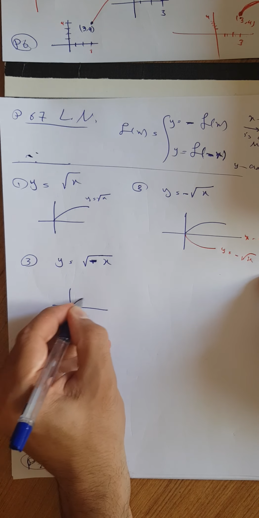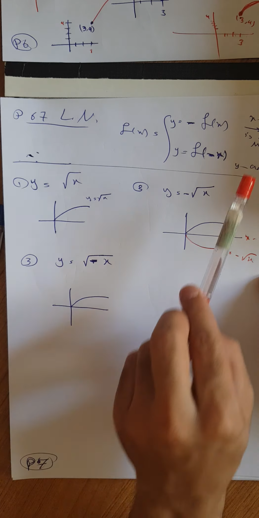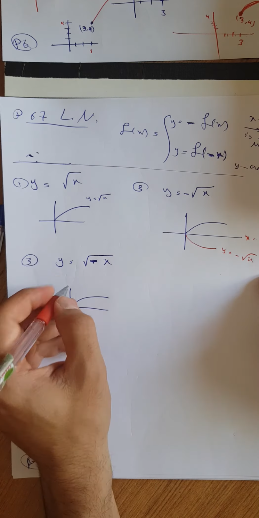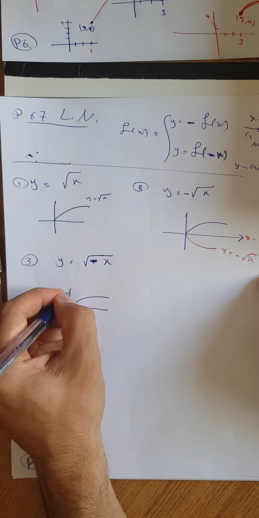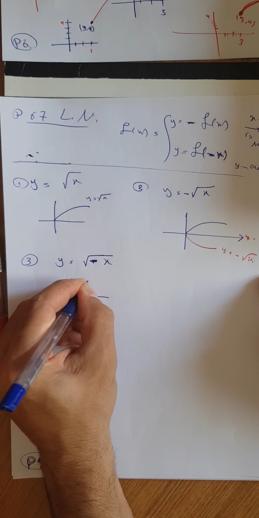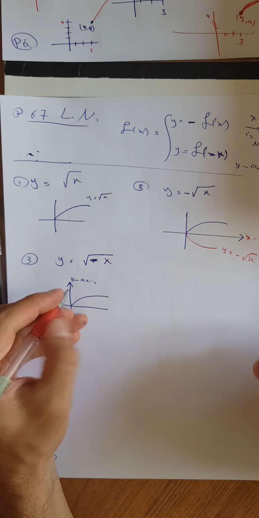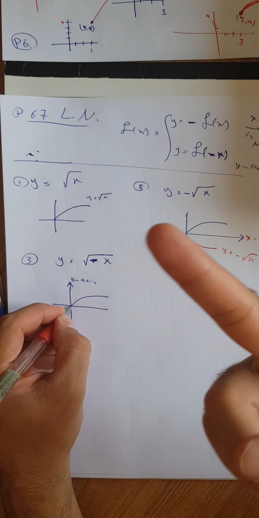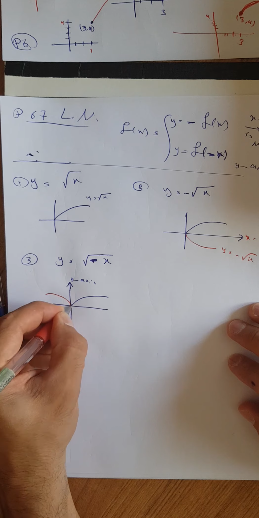So if this is my original one, and because the minus is inside, the y-axis will be our mirror. Here's the x-axis, here's the y-axis. Our mirror will sweep between right and left. So we have something like that.